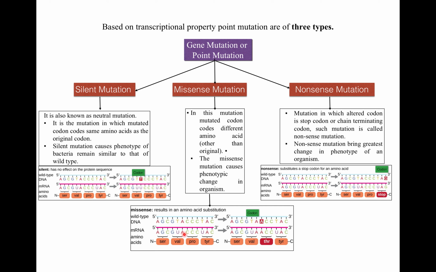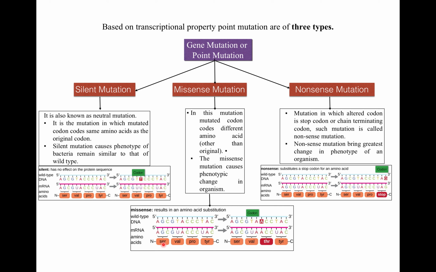Here AGC, GUA, CCC and UAC, but here AGC, GUA, now ACC, then UAC. So here CCC codes for proline and here ACC codes for threonine.